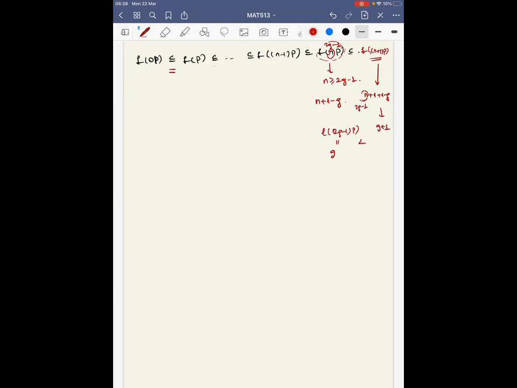And this shows us that when n is bigger than or equal to 2g minus 1, we always have pole numbers because of these proper inclusions. So natural numbers which are bigger than or equal to 2g minus 1 are pole numbers of P. That means there is no gap after this term.